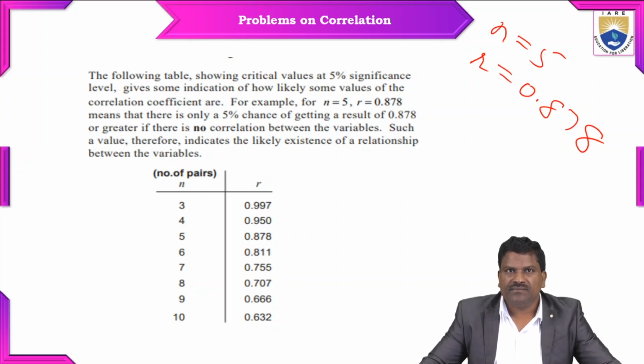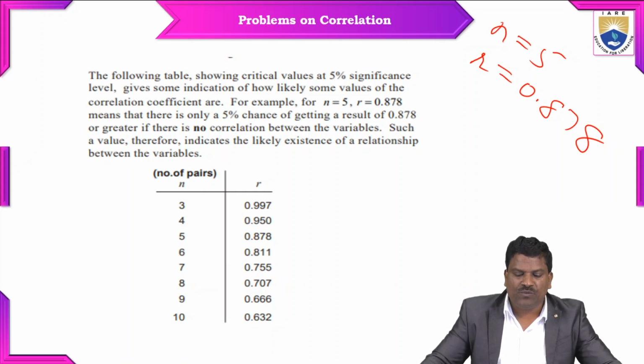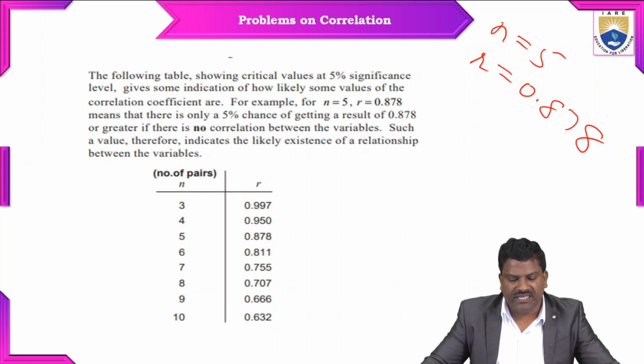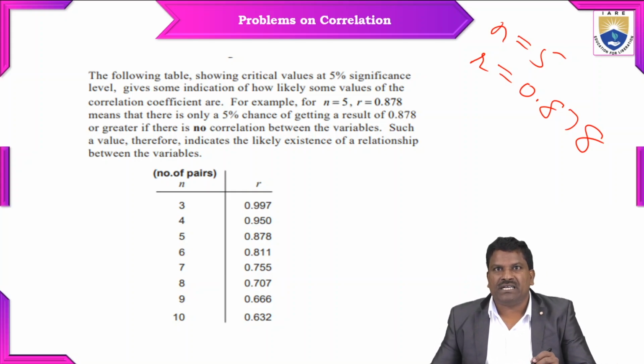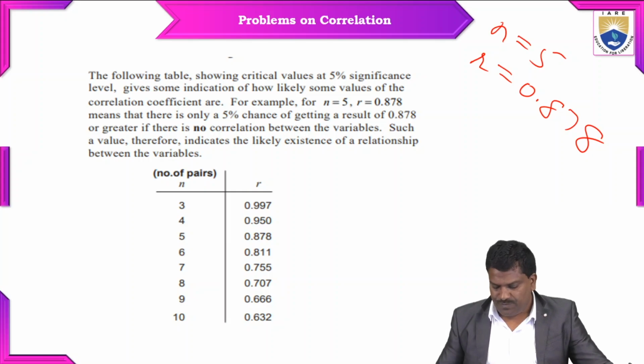If it is 6, 0.811. If it is 7, 0.755. If it is 8, 0.707. If it is 9, 0.666. If it is 10, 0.632. So, these values depict the rank correlation for each number of pairs.